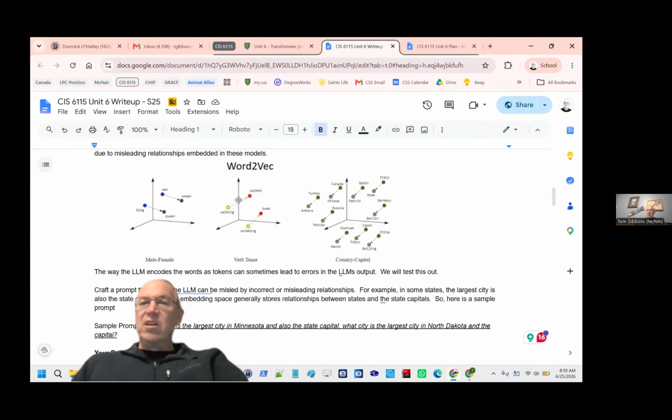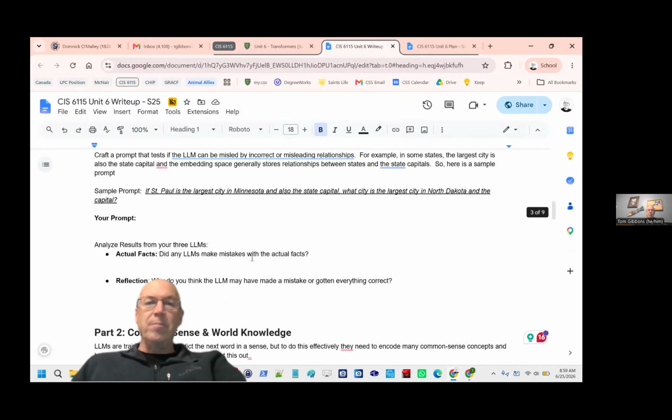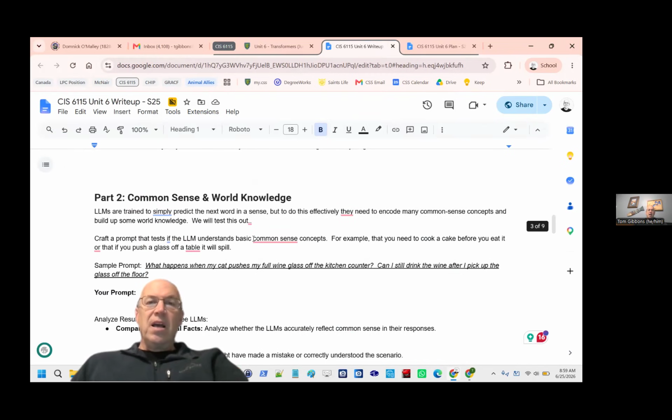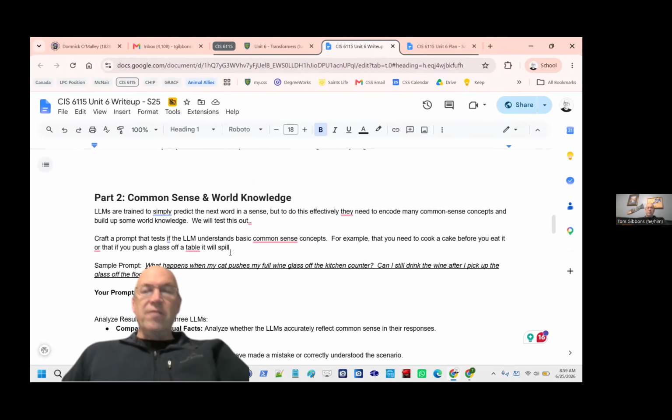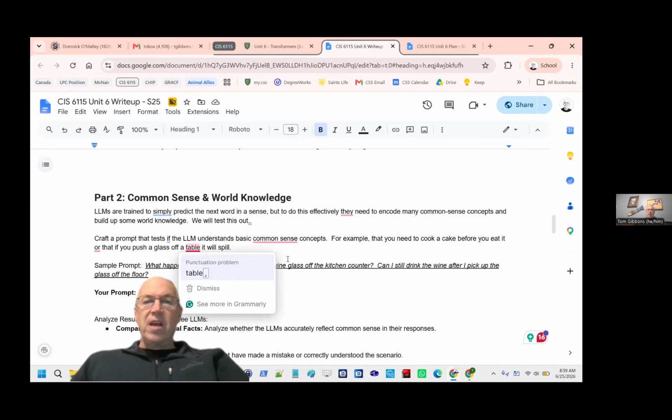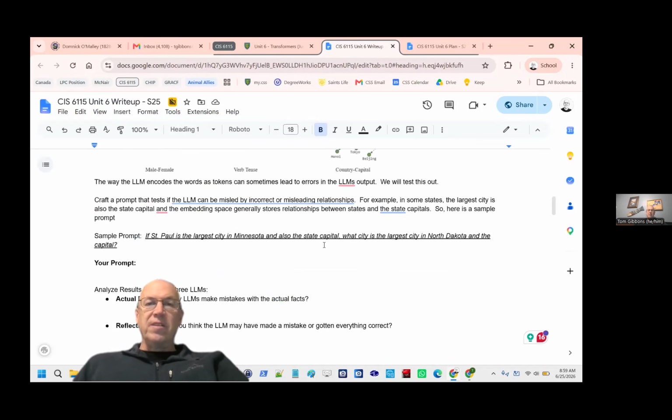I think this is a good prereq to your next course, the 6117 course, where we're talking about embeddings, and you're doing some testing out of large language models. I don't know if you've done this with large language models, but it's kind of fun to try these out. It's also interesting to see how good and how bad different language models are. When you look at them, there are lots of differences here.